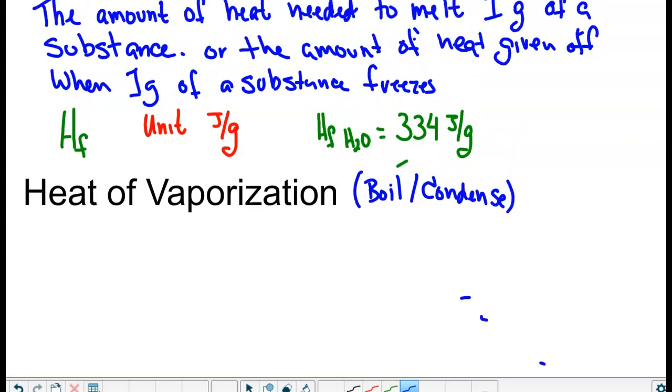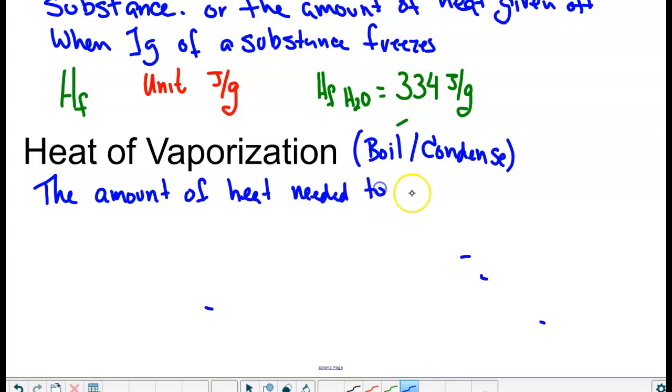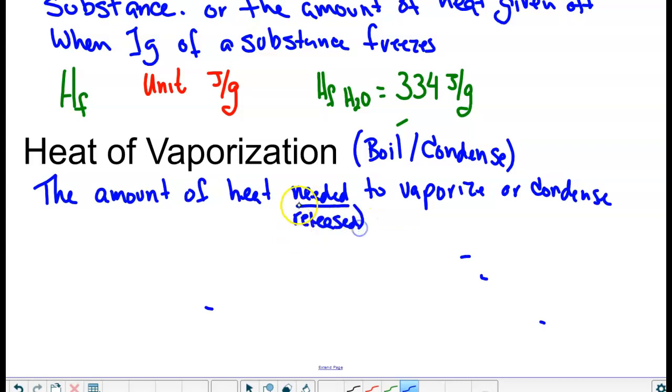And same thing, instead of the amount of heat needed to melt 1 gram, this would be the amount of heat needed or released to vaporize or condense, right?